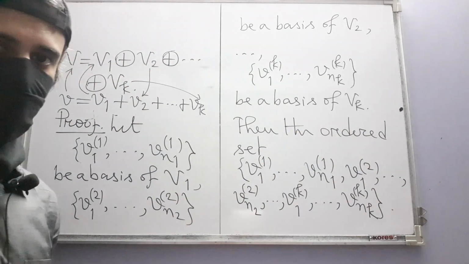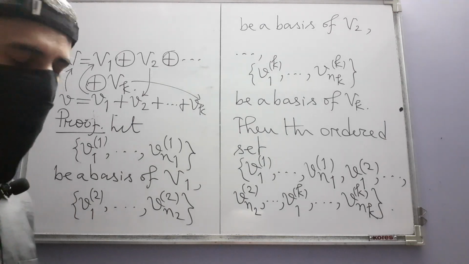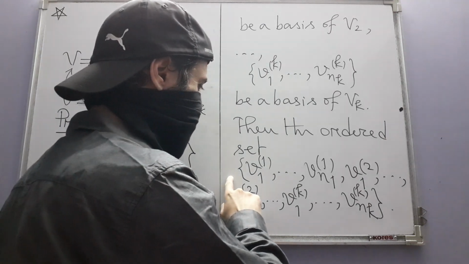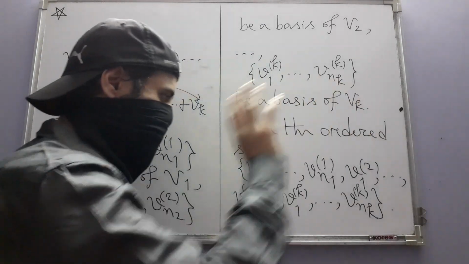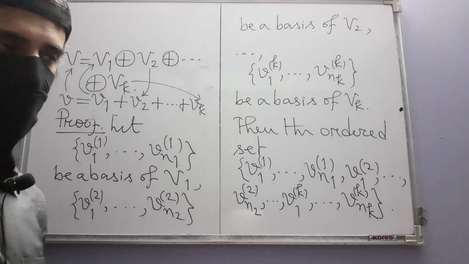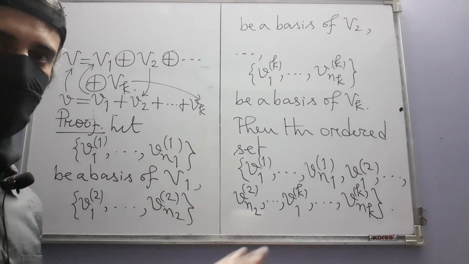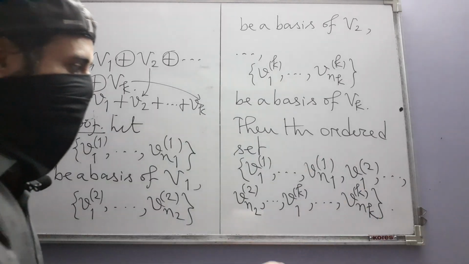So they span V. And in showing that they are linearly independent, what will you do? You will take a linear combination of these vectors and set that to 0. Then you club the vectors from the entire linear combination into chunks.